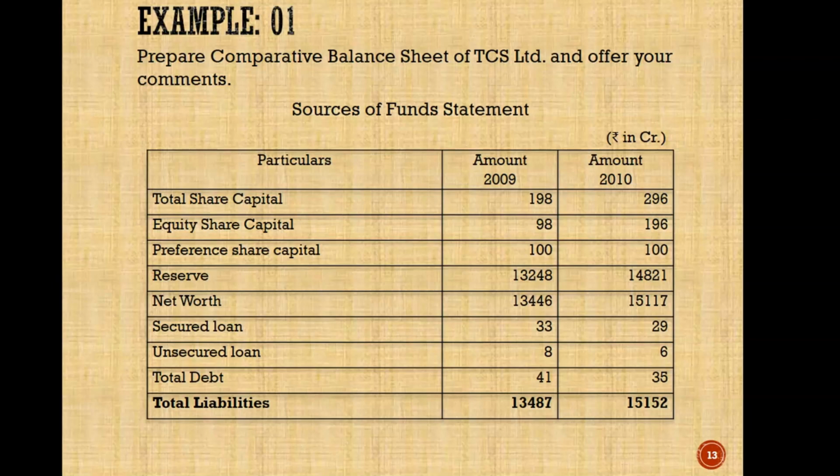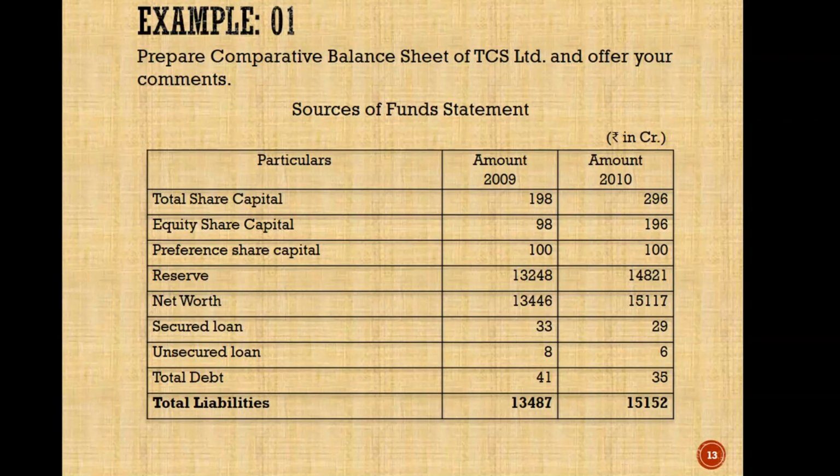So the reserve here, you can see a huge amount: it is 13,248 in 2009 and in the year 2010 it is 14,821. So there is a significant increase in reserve.